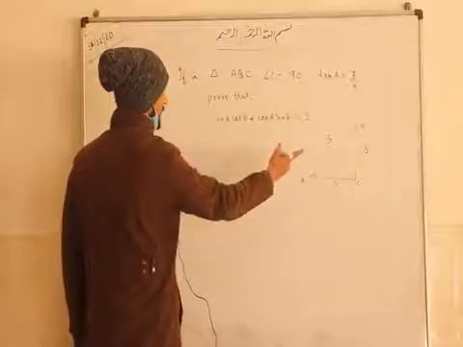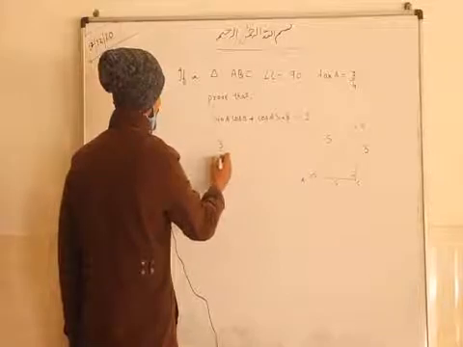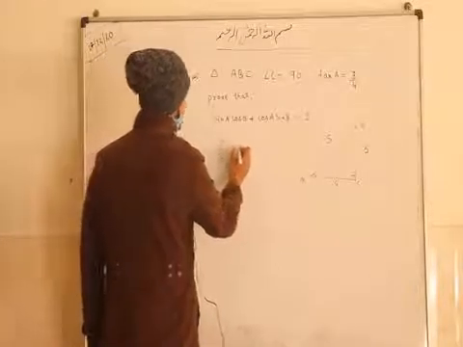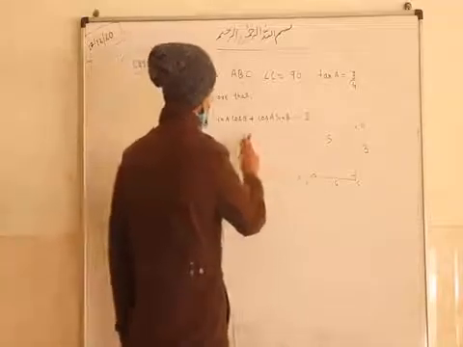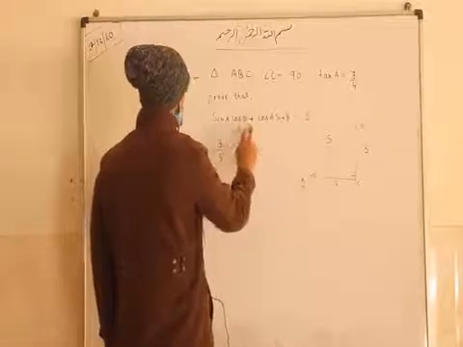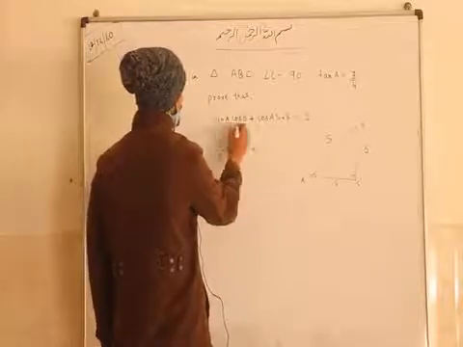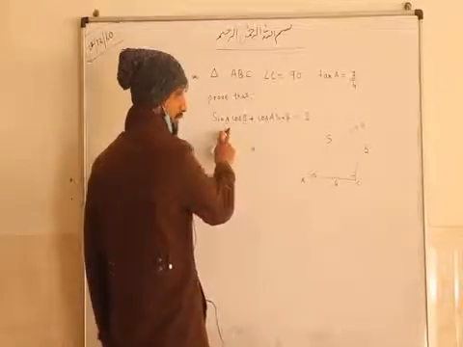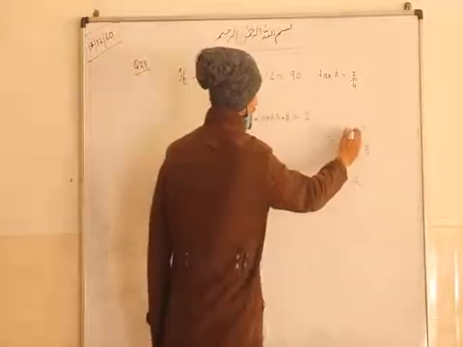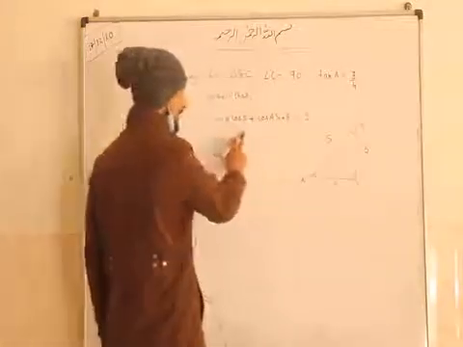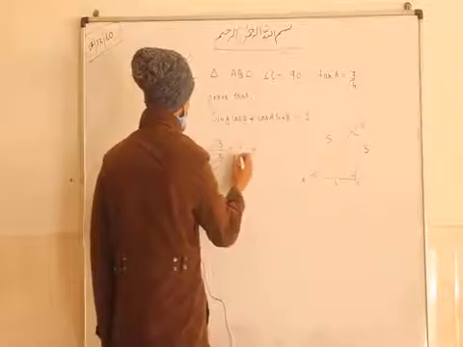Sin A from this triangle is P by H, that is 3 by 5, into cos B, B by H, that is 4 by 5, plus cos A sin B. For cos B we have to see that the angles are different. Sin A we are taking according to this angle, and cos B according to the other angle. Cos is B upon H, so B is 3 here, so it will be 3 by 5.